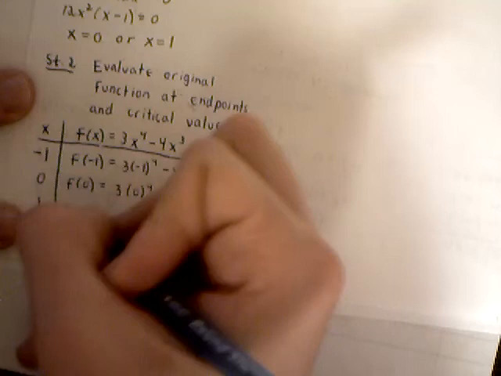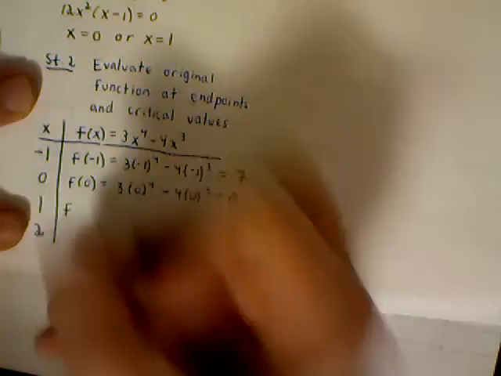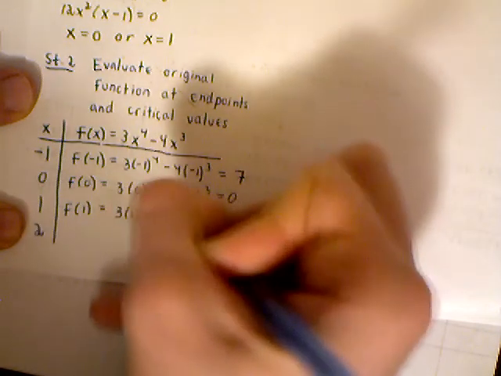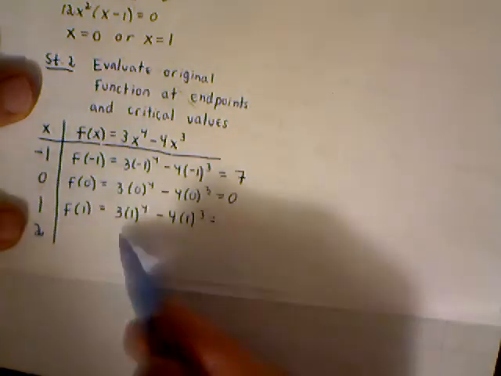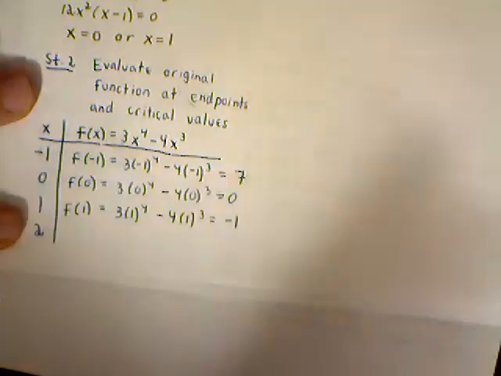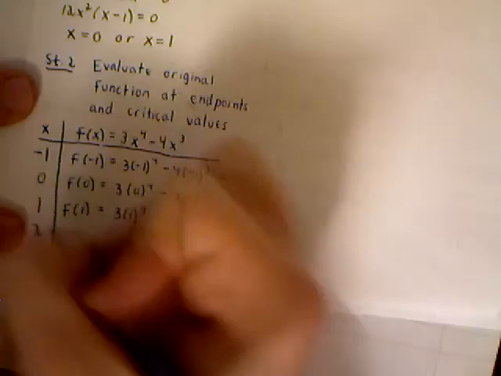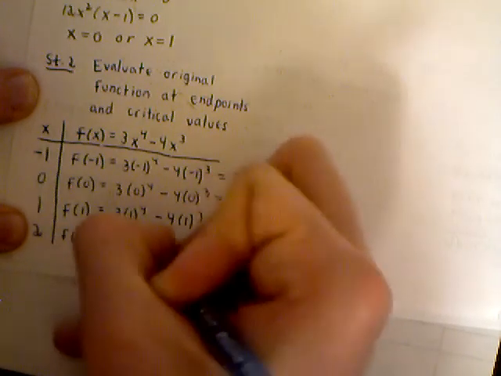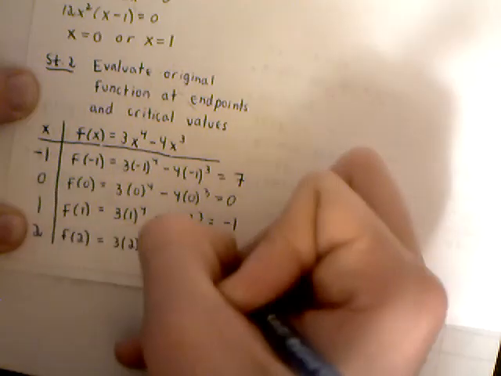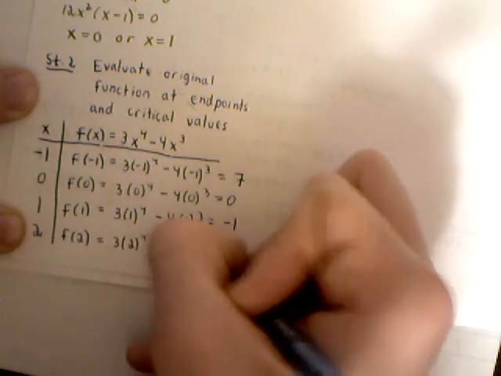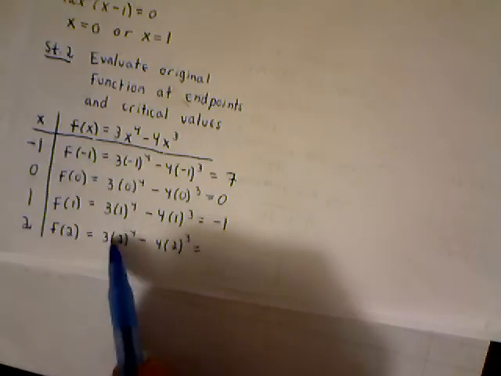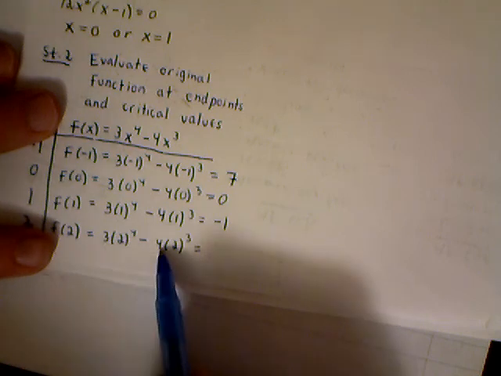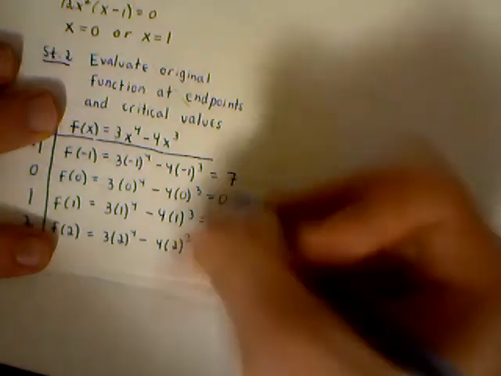Let's do f of 1. That gives me 3 minus 4, or -1. Then I'll do f of 2. That's going to give me 16 times 3 is 48, minus 8 times 4, 32. I get 16.